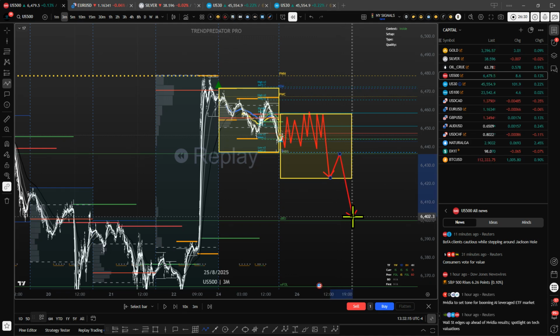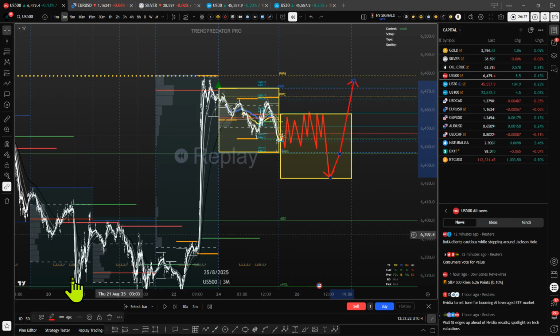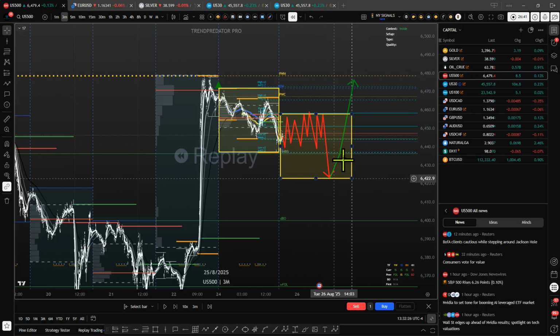One of the three things markets do: break out, pull back, and continue. Or break out, pull back, and fail, and go to the other side of the range. In that case, we've got a bullish setup. So they either coil, break down, and continue, or break down and then pull back and go to the other side of the range.